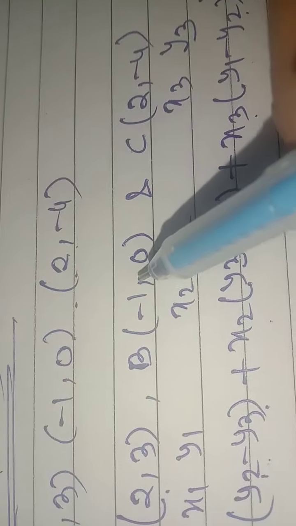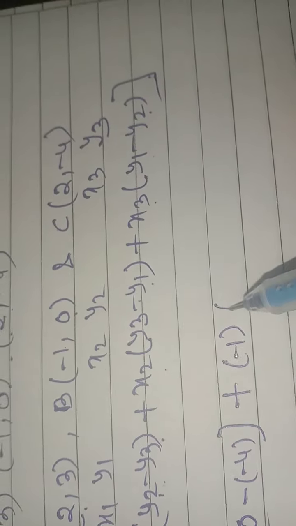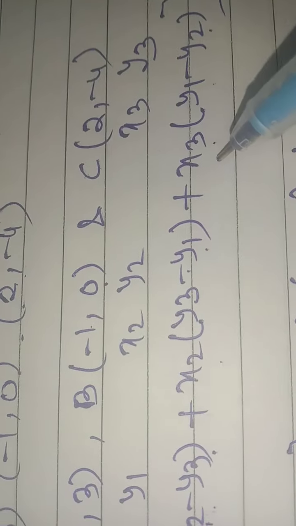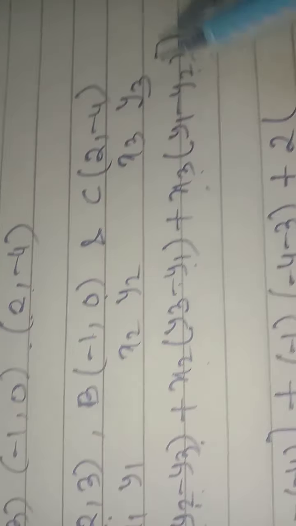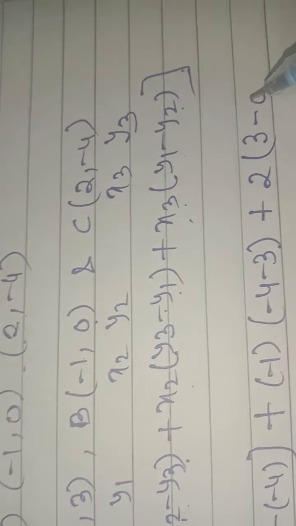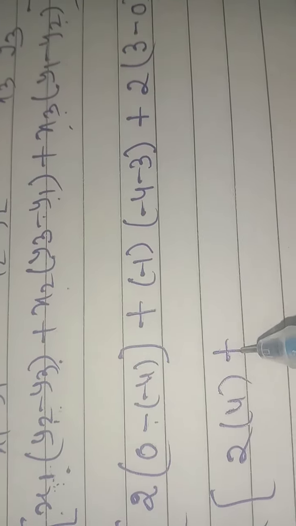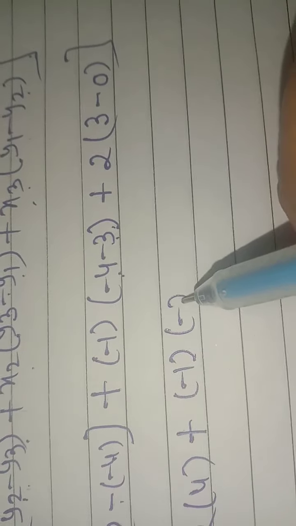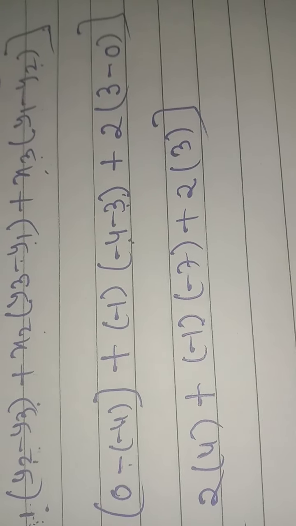Now the value of x2 is minus 1, y3 minus y1, it is minus 4 minus 3, plus x3 is given as 2 and y1 minus y2 is 3 minus 0. So 1 by 2, minus minus plus, so it is 4 plus minus 1 into minus 4 minus 3, which is minus 7, plus 2 into 3.